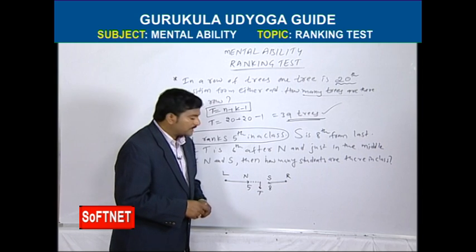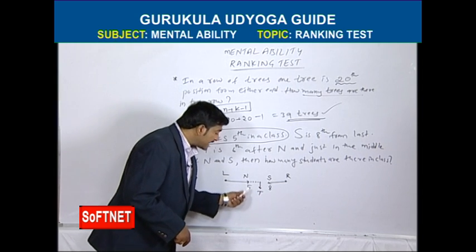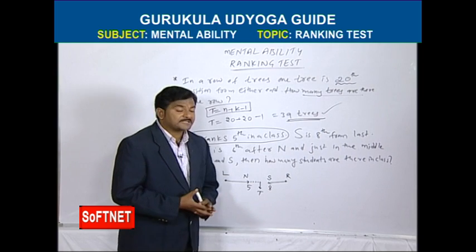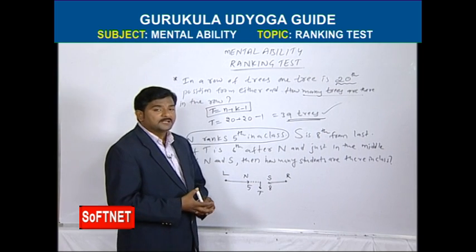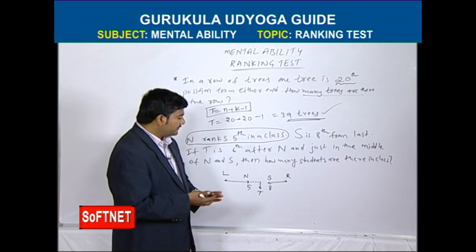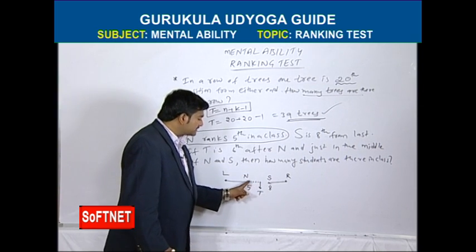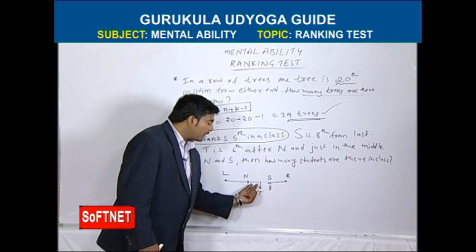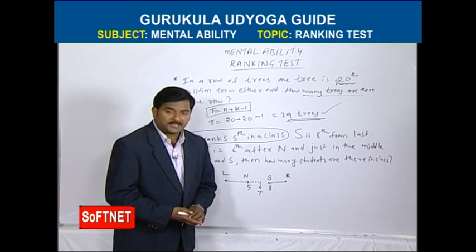And what is the condition? T is exactly in between N and S. A beautiful concept. T is exactly in the middle of N and S. The meaning is, if T is 6th after N, how many members are there between N and T?